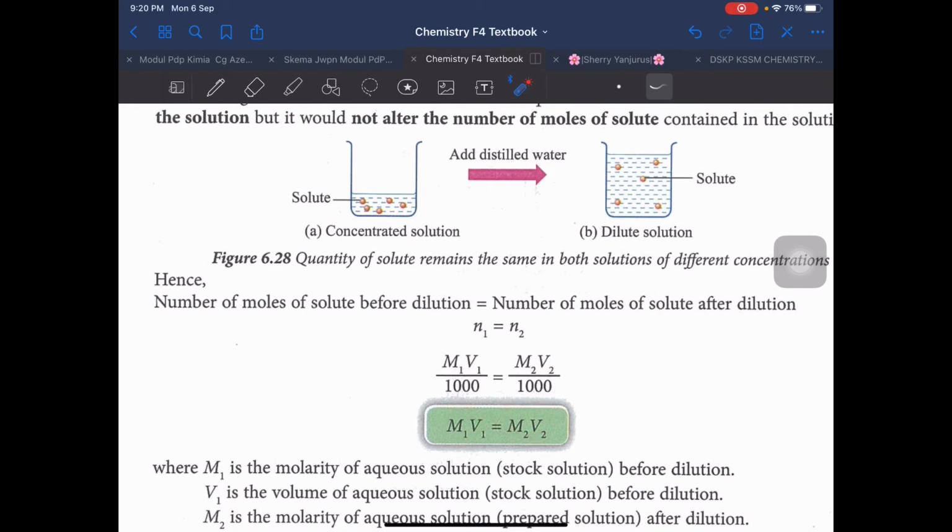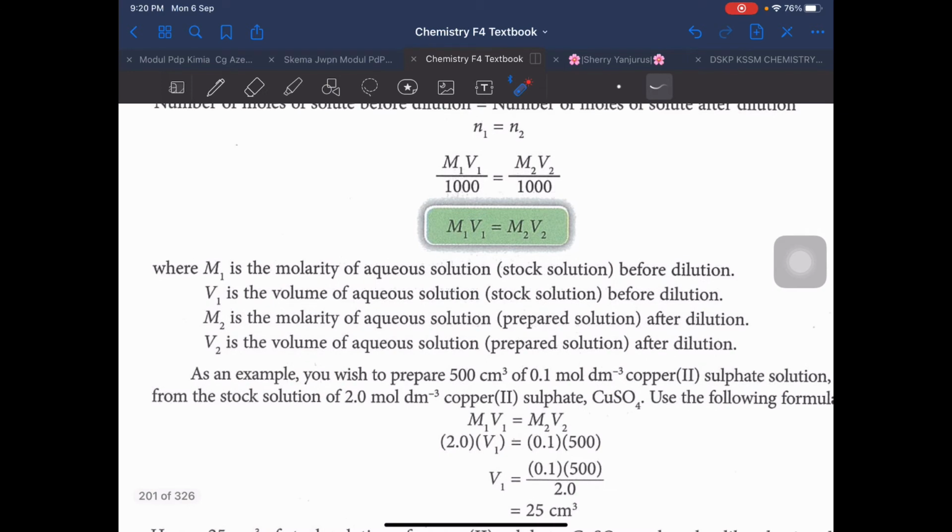Sama, okay? Now, let me explain apa di dalam M1V1, M2V2. M1 is the molarity of the aqueous solution, iaitu yang stock, standard, before kena larut. V1 is the volume of aqueous solution before dilution, sebelum. Yang penting sebelah kiri ni dua-dua sebelum dicairkan.